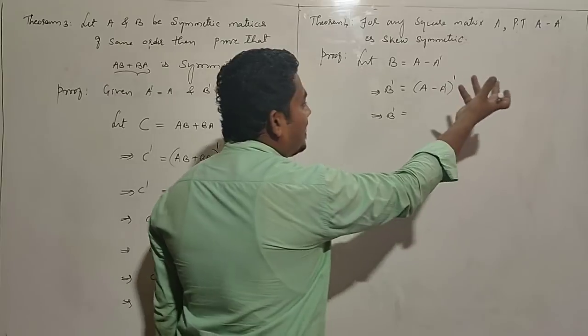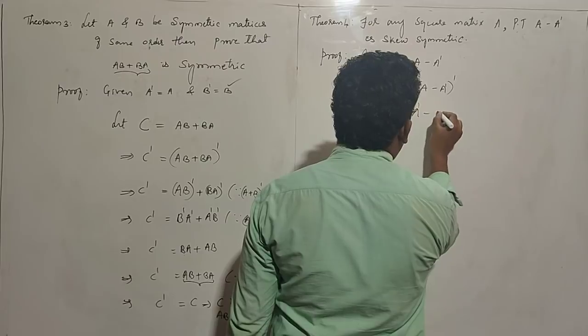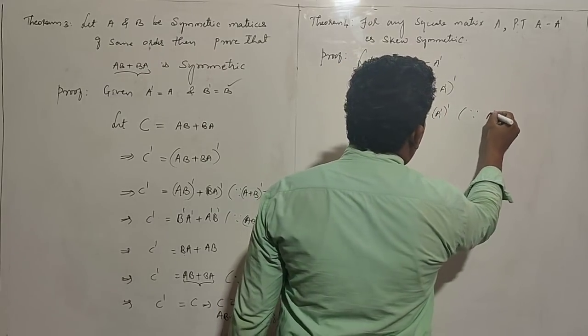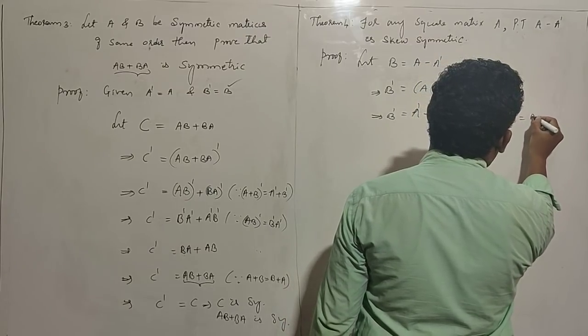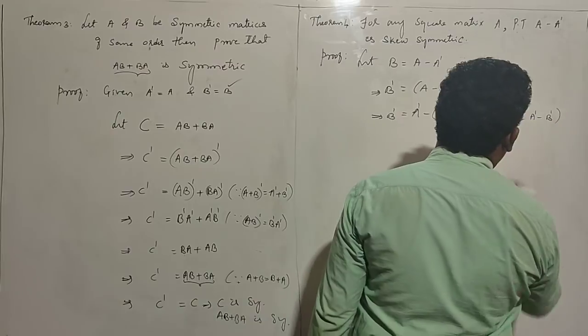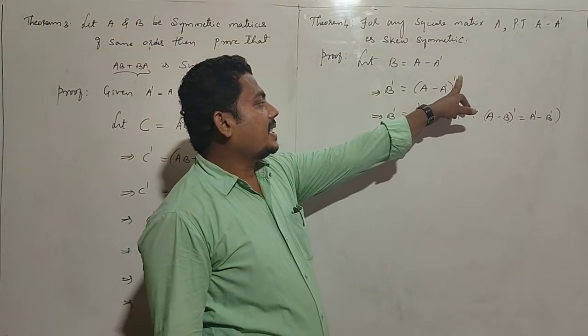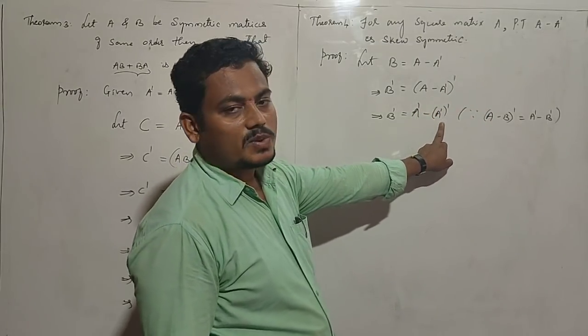Just apply the A minus B whole transpose property. It will be A transpose minus A transpose of transpose. Why? Because we have the property A minus B whole transpose equal to A transpose minus B transpose. So A minus A transpose whole transpose can be written as A transpose minus A transpose of transpose.